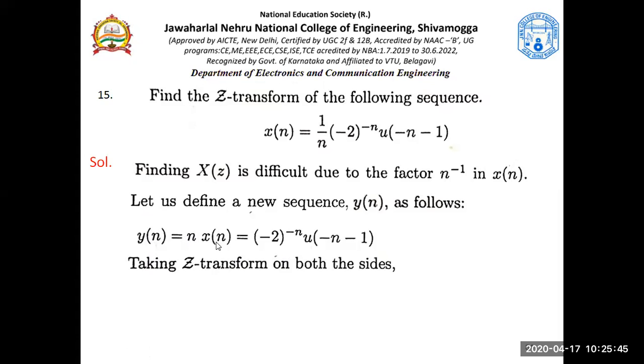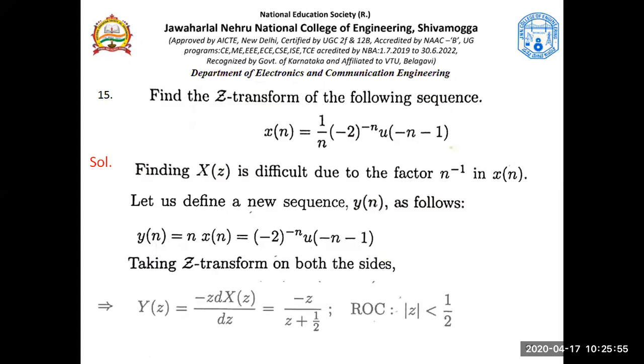What is the Z transform of this? Needs to be understood. The Z transform of this is minus z d by dz of x of z. Minus z d by dz of x of z.